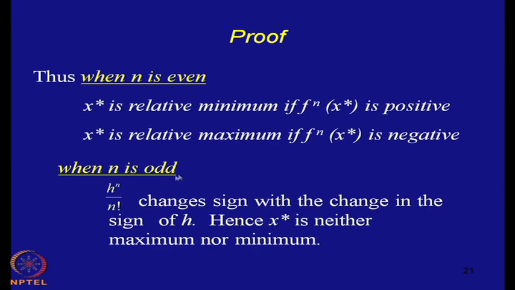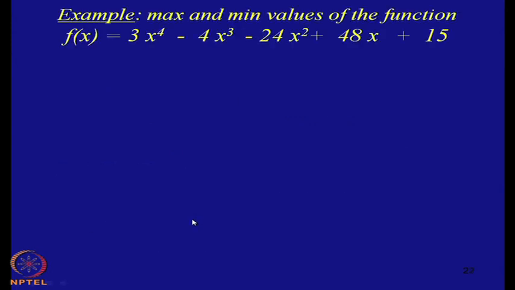That is why when n is odd, we cannot say whether x star is maxima or minima. Thus our sufficient condition follows: if up to the (n minus 1)th order the functional derivatives at the extreme point are 0 and n is even, then the point is relative minima if f n of x star is positive, and relative maxima if f n of x star is negative. And if n is odd, then nothing can be said.